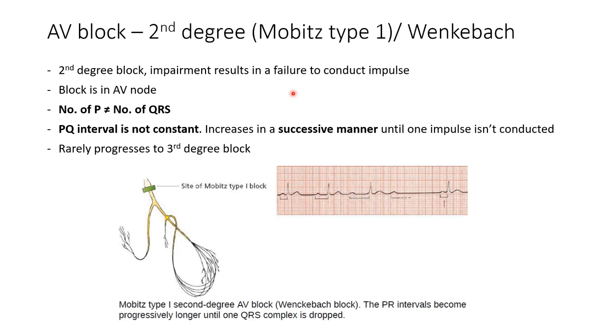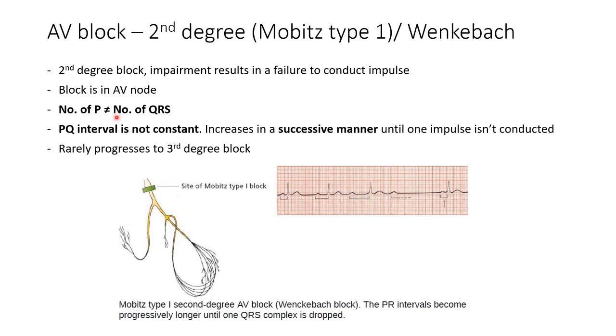Now let's talk about the second degree AV block. We have two types over here, type 1 and type 2. First, I'll talk about type 1, which is also called Mobitz type 1 or the Wenckebach type of AV block. Over here, what happens is you have some sort of impairment that's resulting in a failure to conduct impulse, and this block is around the point of the AV node.